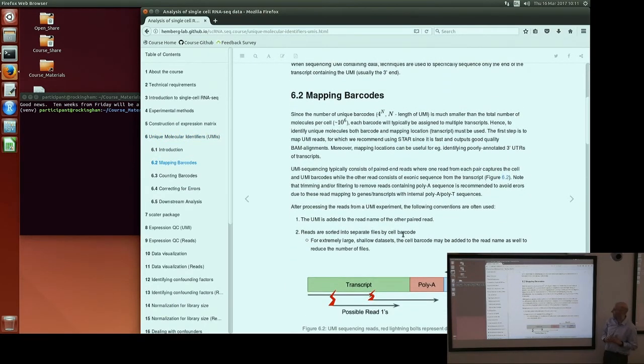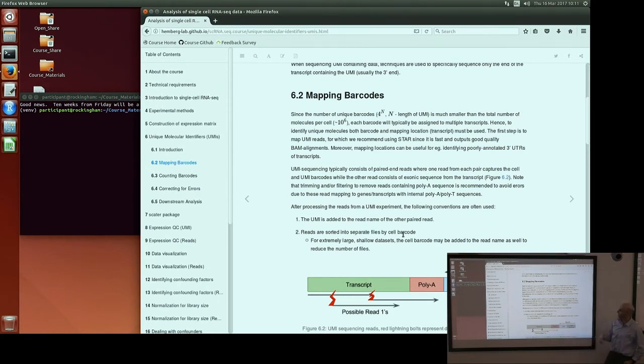So I think it's illustrated here in the schematic how the barcode is attached. This is typically done in these Drop-seq type of experiments where the cells are pooled. So you have 2 barcodes, one which corresponds to the cell, and one which corresponds to the molecule.